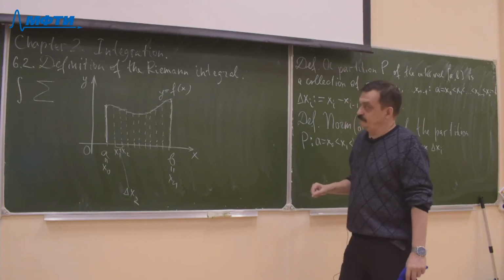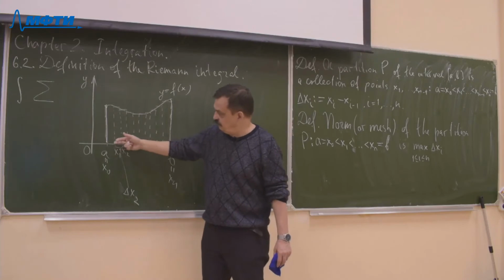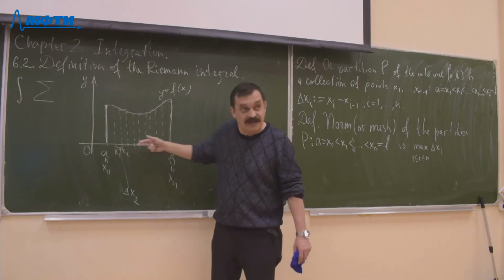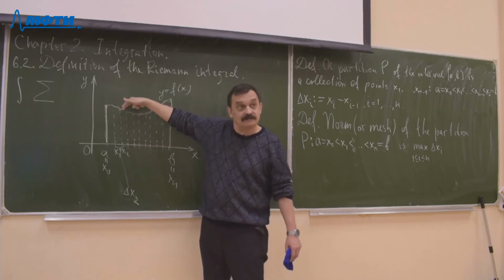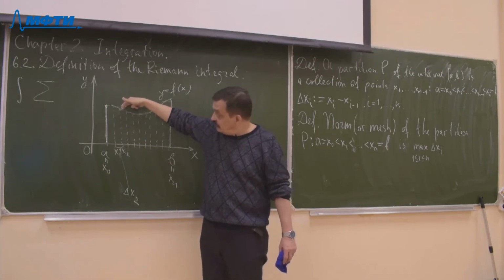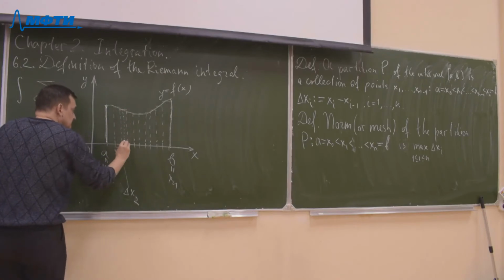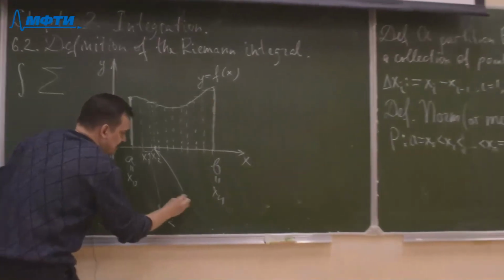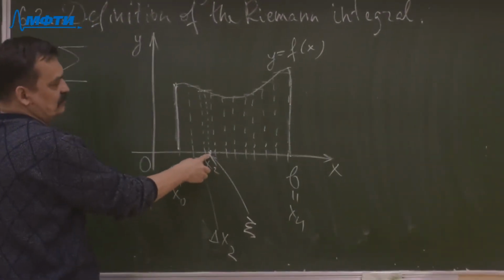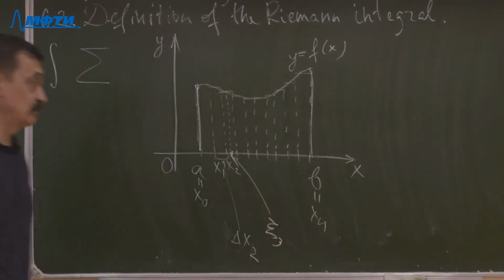Okay, so now everything is defined that is related to the x-axis. Now let's start to discuss the y-axis. So we choose a value. That point is, let it be xi, okay, here it's the third interval, so xi 3. So definition.